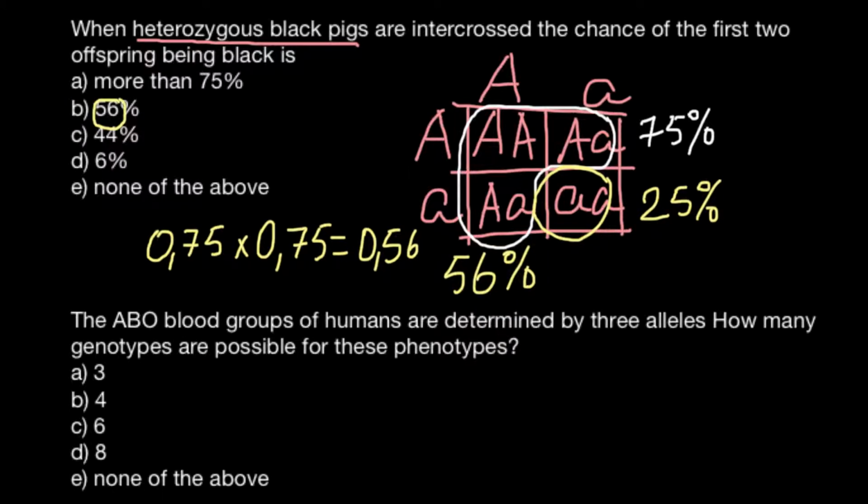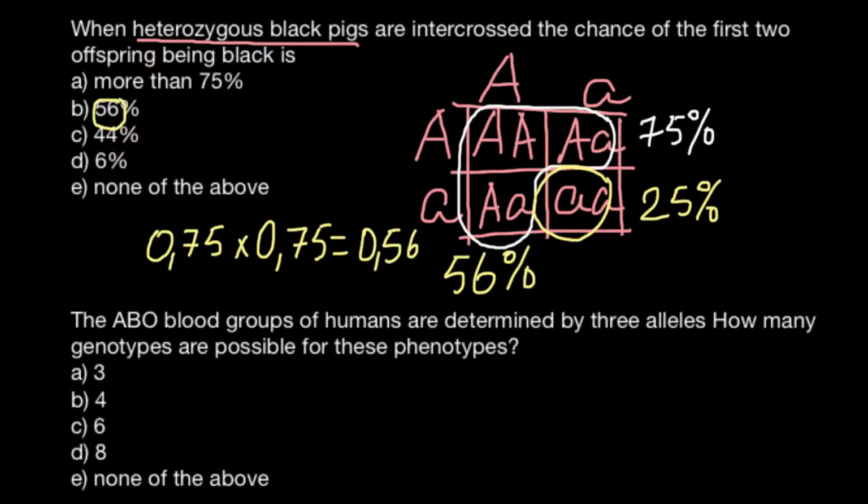Now we can move to the second question. The ABO blood groups of humans are determined by 3 alleles. How many genotypes are possible for these phenotypes? Let me first remind what phenotypes, what blood groups we have, and what the 3 alleles are.